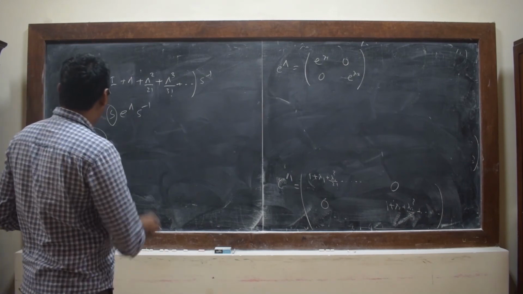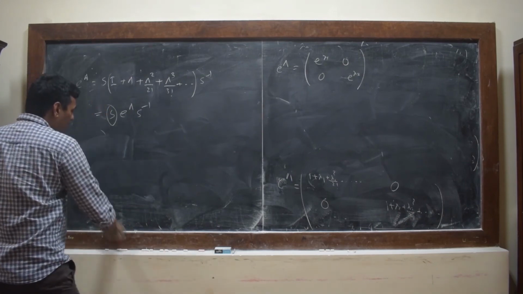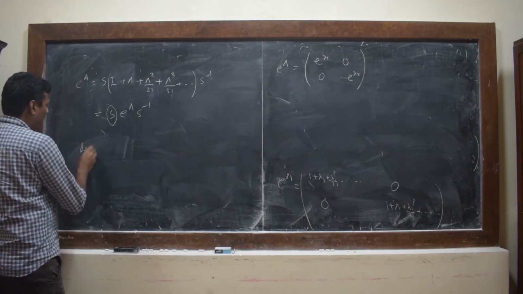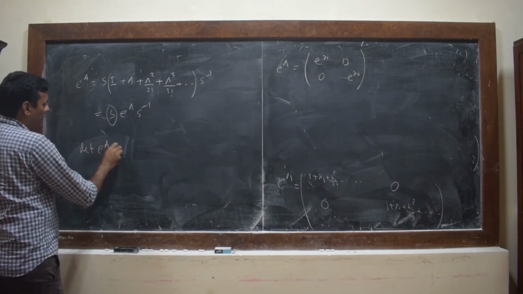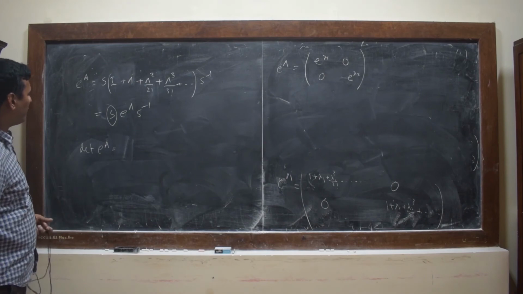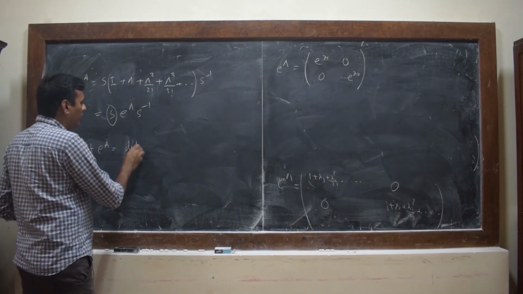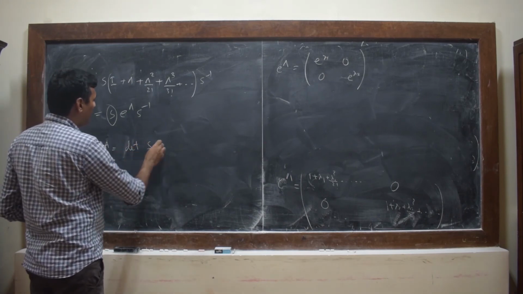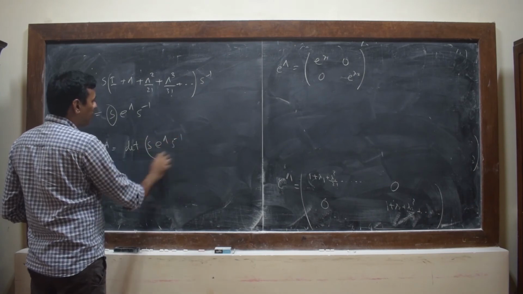Now let us evaluate the determinant of the exponential of A. The determinant of the exponential of A is going to be equal to the determinant of S into e raised to lambda S inverse.